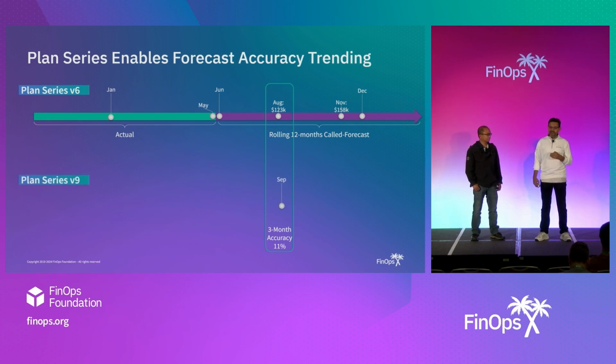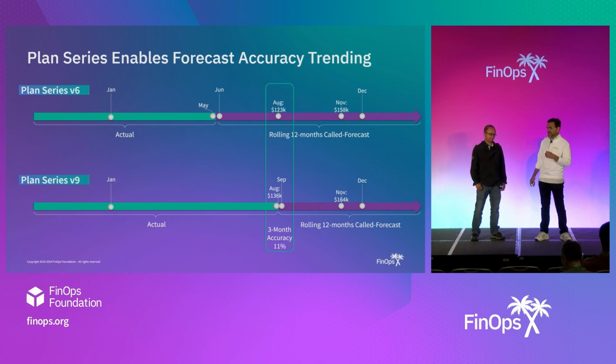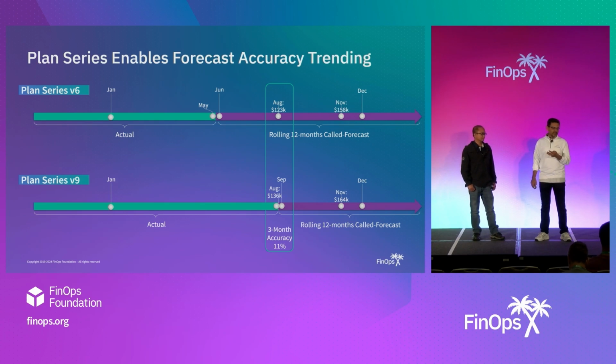We are in September, right, V9, 9th month. We have actuals up to August, and we can see the actual in that V9 was 138, versus the forecast of 123. So we have goals for each leader: 3-month forecast accuracy of plus or minus 3%, and 6-month accuracy plus or minus 5%. And this tooling has really helped us.